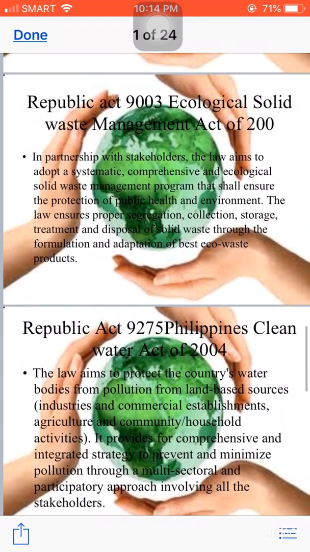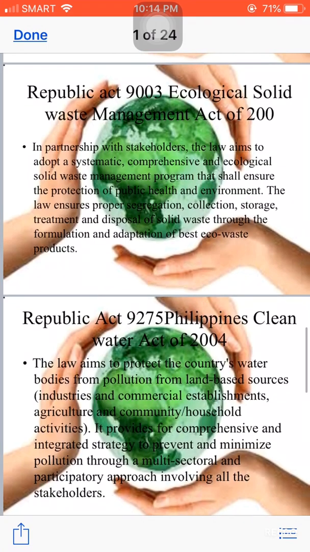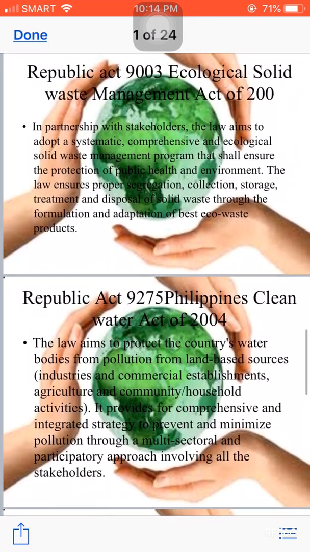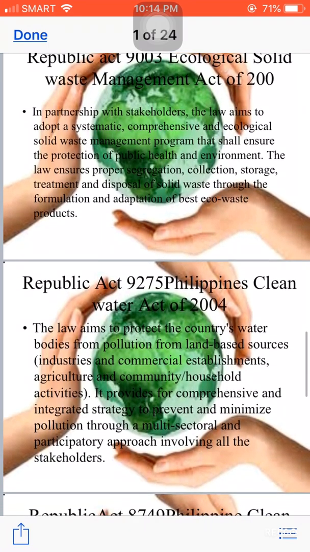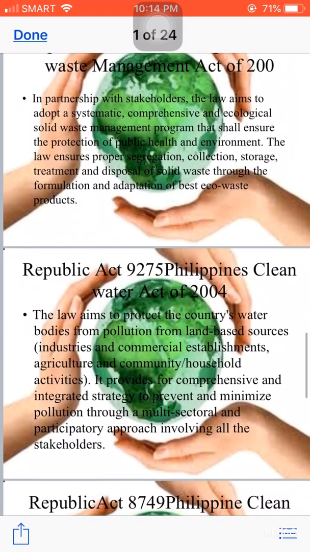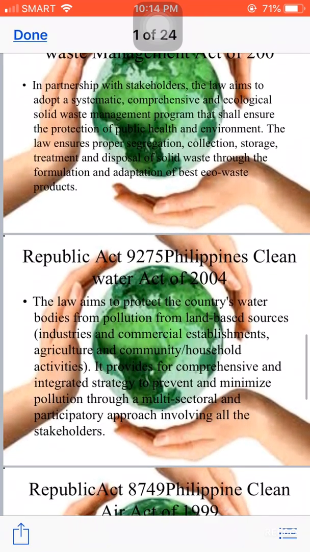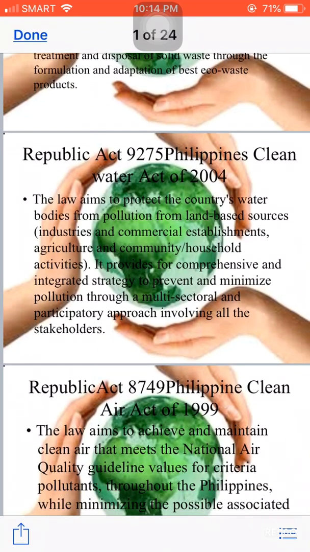The law secured proper segregation, collection, storage, treatment, and disposal of solid waste through the formation and adoption of the best eco-waste products.